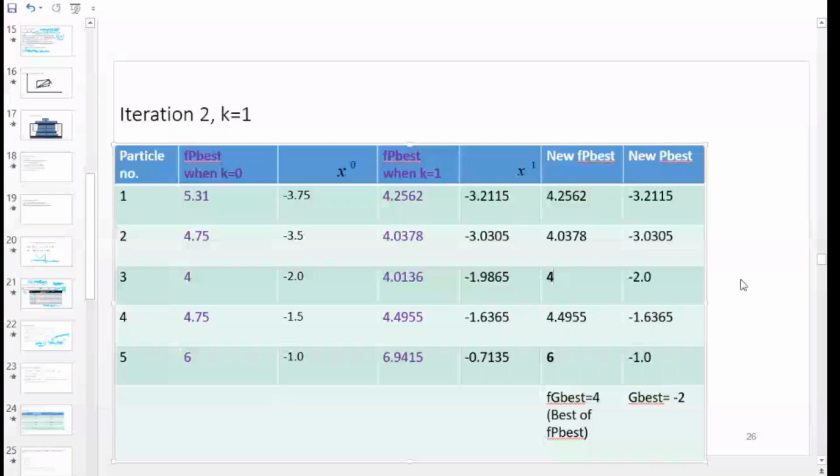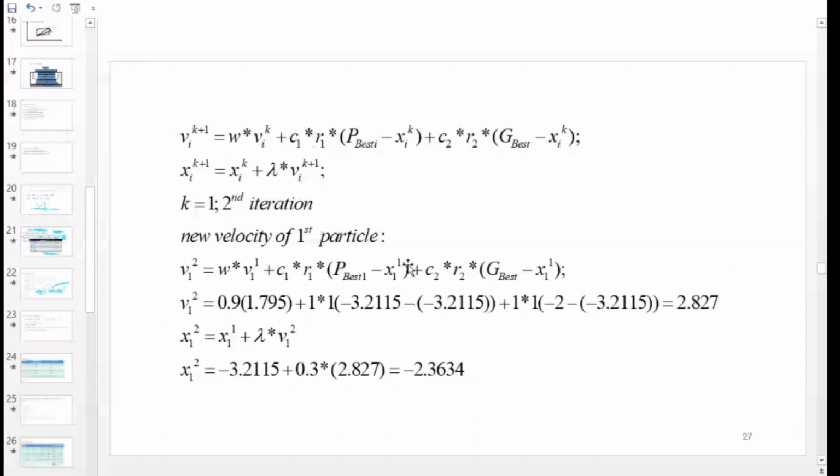Okay, so again using equations 3 and 4, we will update the velocity of the first particle. So it is v1 superscript 2, right? So omega into v1 superscript 1, it is 1.79, plus c1 r1 into, then x1, it is the current position of the particle, right?